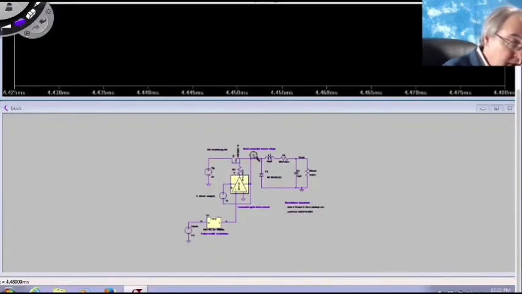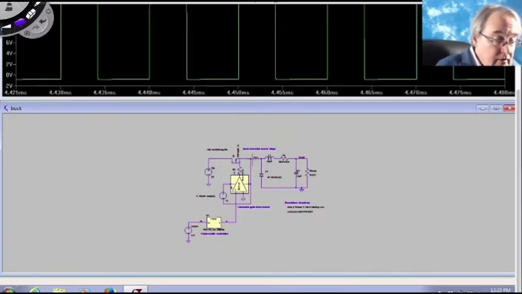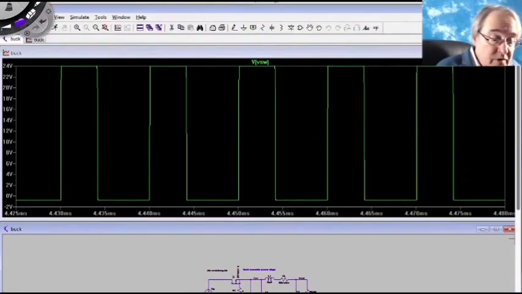Let's plot now the switch node voltage. We click on the window of the schematic, and when we hover over the switch node, right here at the point between the transistor and diode, we can click with the oscilloscope voltage probe symbol and get a plot of the switch node voltage in green.